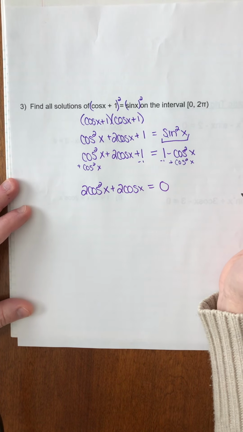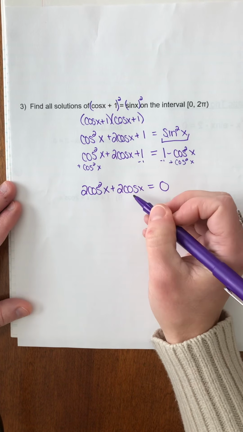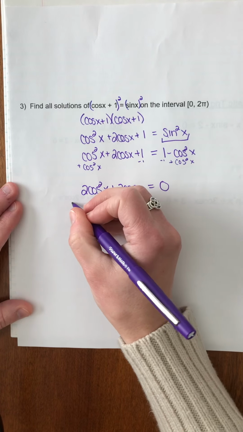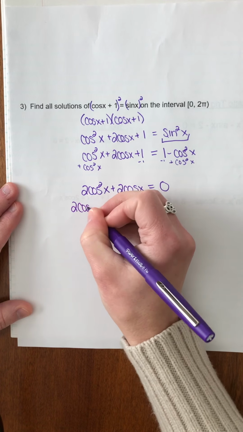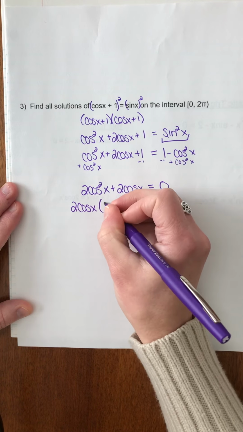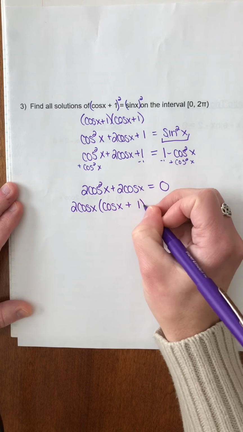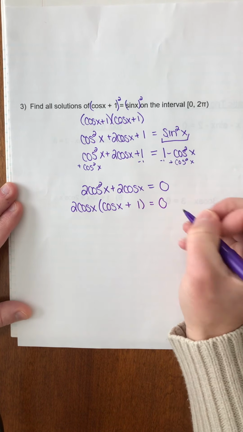All right, so now I look at this and I say, they have in common a 2 and a cosine x, so I can factor out that 2 cosine x, and I'm going to be left with just 1 cosine x plus 1 equals 0.